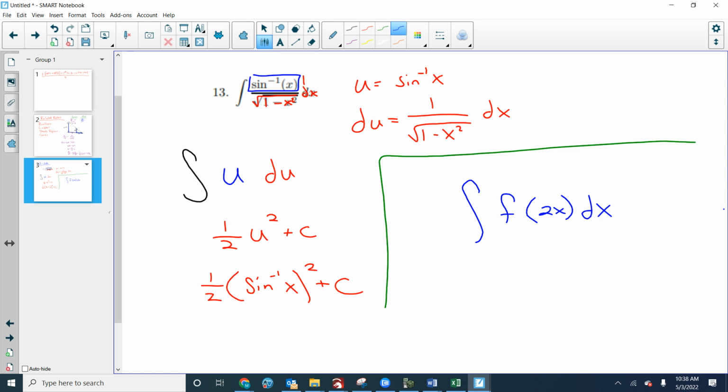What they're trying to get you to see is that you're going to let u equal what? 2x. du is 2 dx, right? And so 1/2 du equals dx.